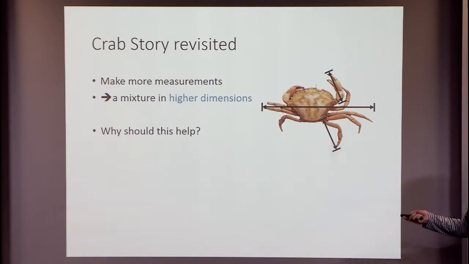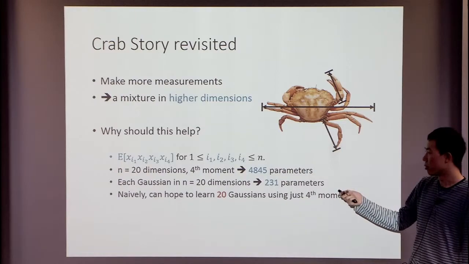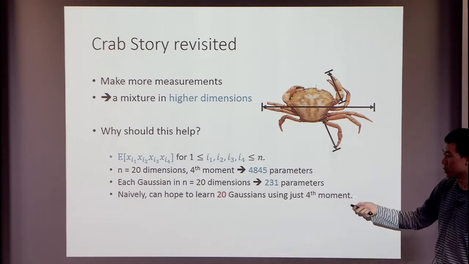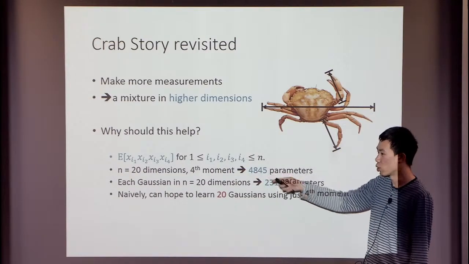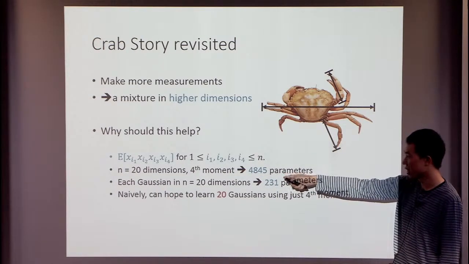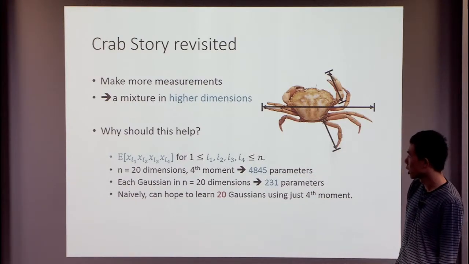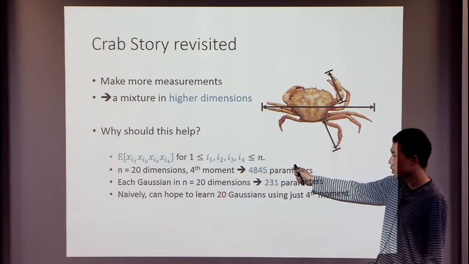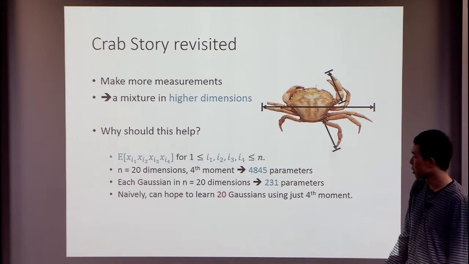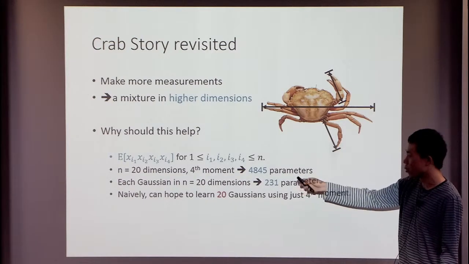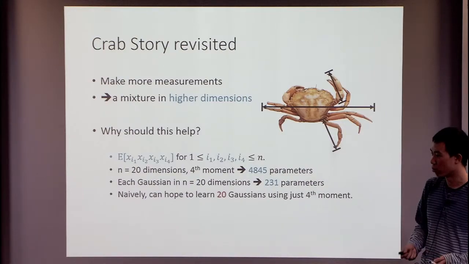But if we are in high dimensions, then the fourth moment, for example, is defined to be the expectation of all these correlations between different coordinates, each coordinate x_i1, x_i2, x_i3, and x_i4. These i1, i2, i3, i4 can be chosen from 1 to n, and recall we are in an n-dimensional space. So this fourth order moment really forms a symmetric fourth order tensor.